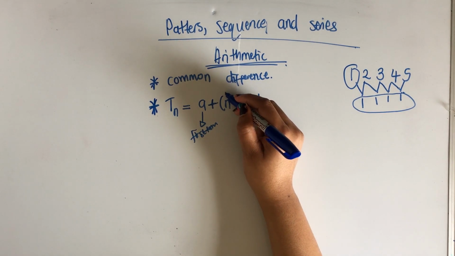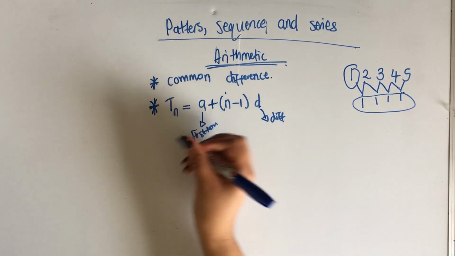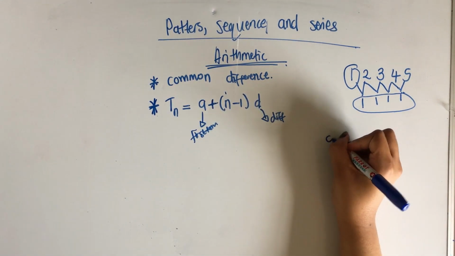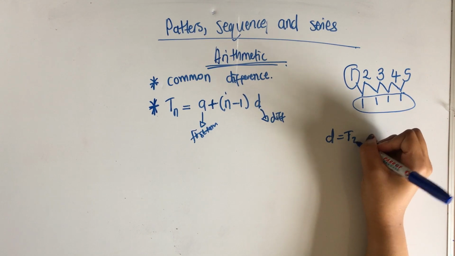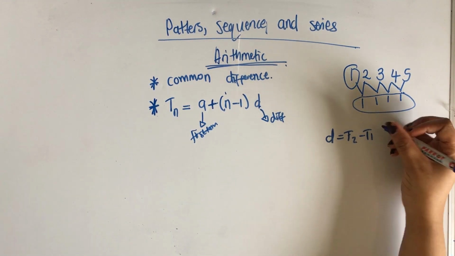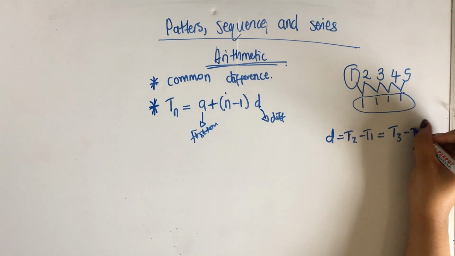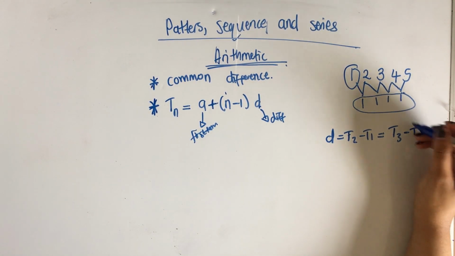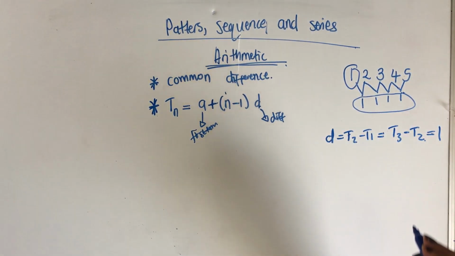This is your nth term. This is how you get your difference: T2 minus T1, which is the same as T3 minus T2, which equals 1 in this case.